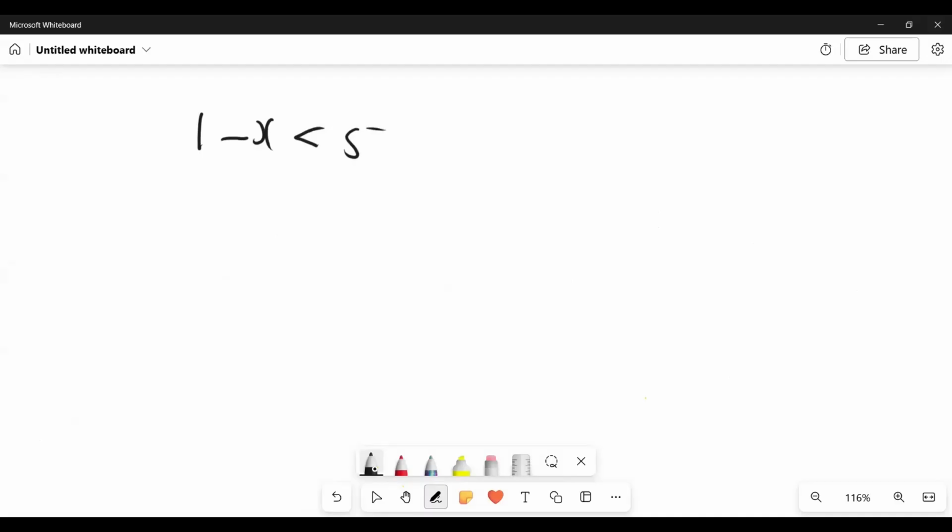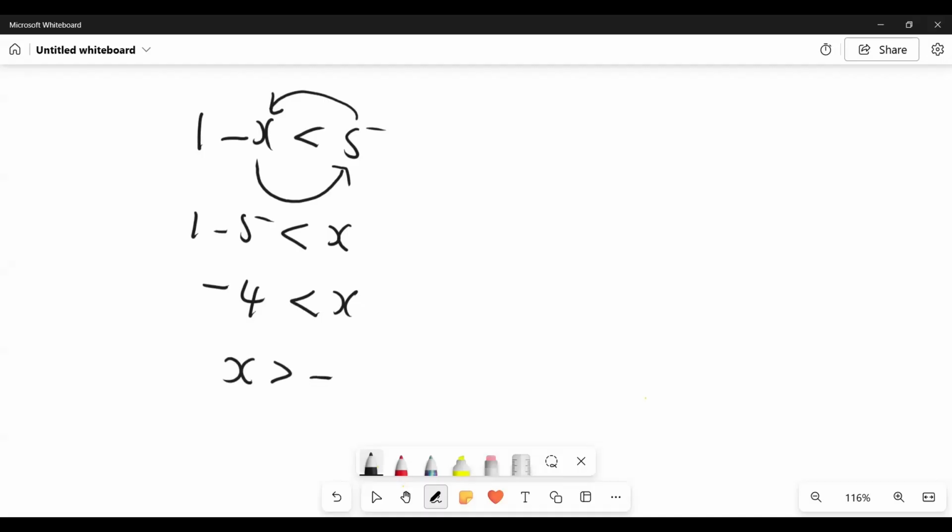If you're smart, you want to avoid all this negative thing, so you can take this x over here and bring the 5 over there, and you end up with 1 minus 5. This minus x is going to become x, right? So minus 4 is less than x. You write that back as x is greater than -4.